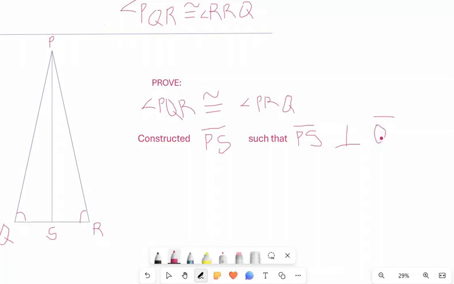Because for PS to be allowed to separate the triangles, it must meet with the base QR.